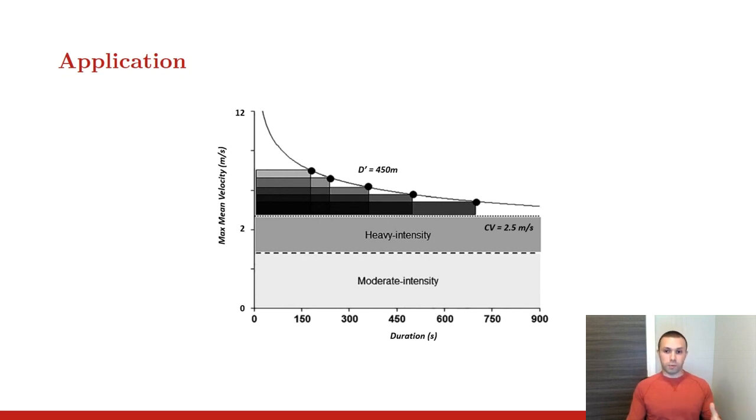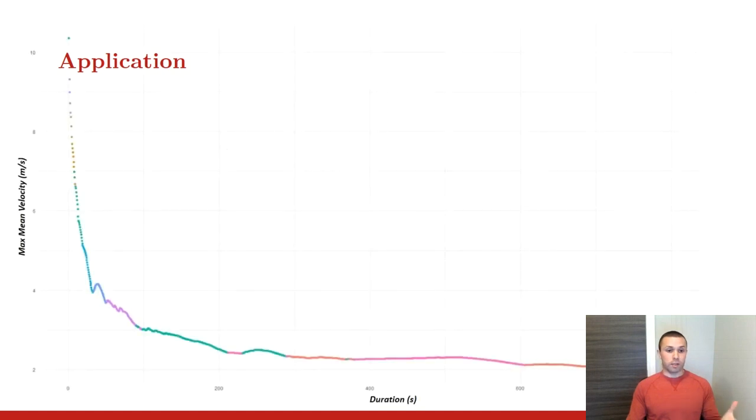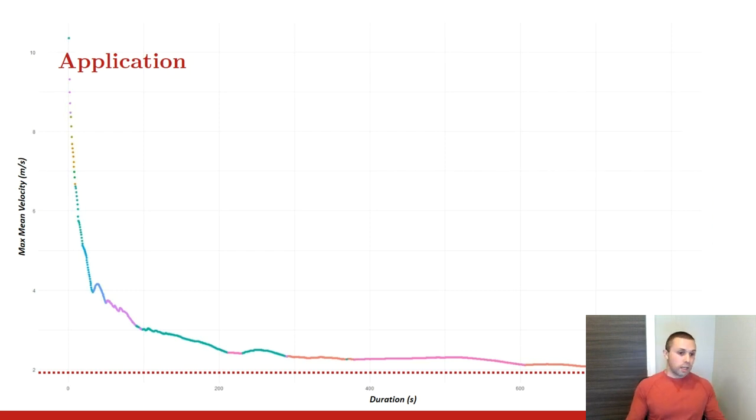From this information, we can actually build from tracking data something that looks more like this. And this is from actual tracking data from somebody who's had about 30 sessions. So yes, we could use more data to make it a smoother fit, but we have this curve that occurs, and when we fit an asymptote to it, we can find his critical velocity here, and it's somewhere around 2.